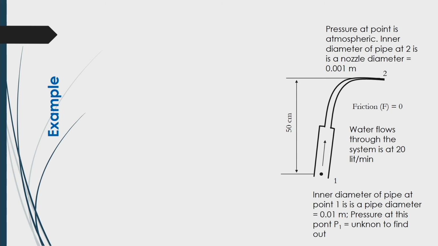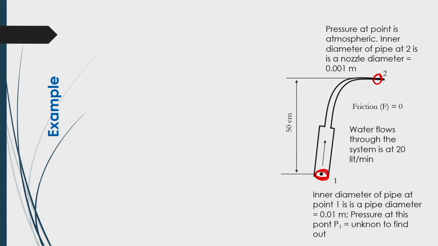Before flowing through the nozzle at point 2, the fluid is coming from a pipe at point 1. The pipe diameter at point 1 is given, whereas the nozzle diameter will be different. Generally the nozzle diameter is much smaller than the pipe diameter.